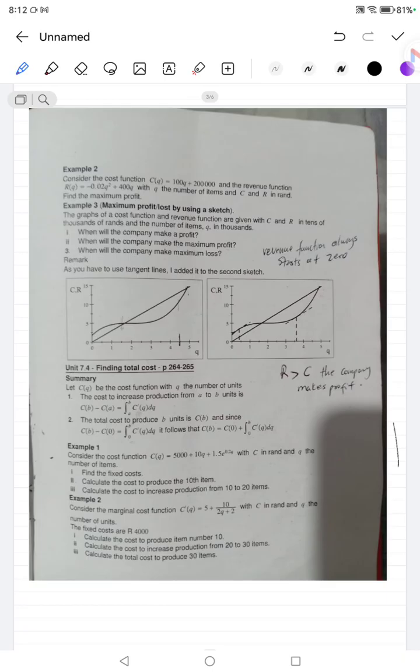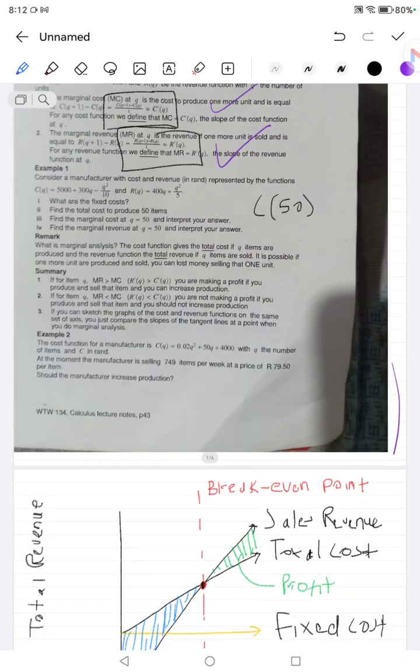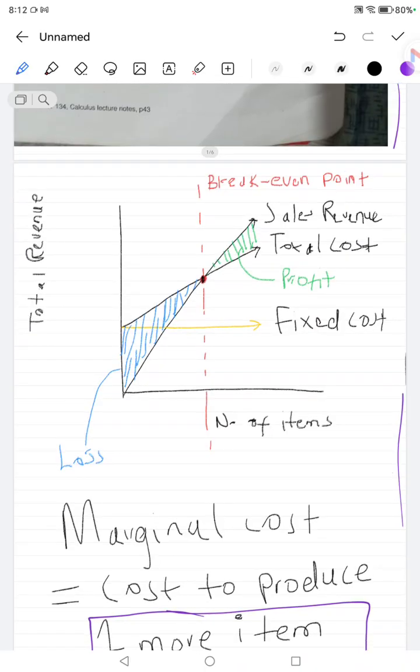Okay, let's continue. Remember, as I said, this is where you're going to have that break-even point. And from the sketch I've drawn up here, what did I say? We're going to be making a profit just a little above, going up from the break-even point.